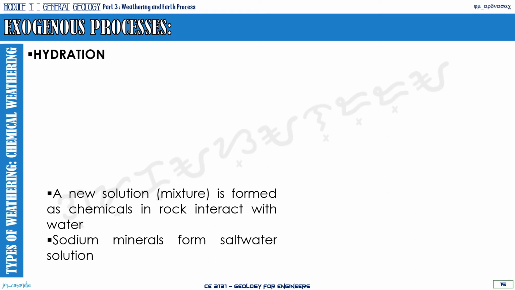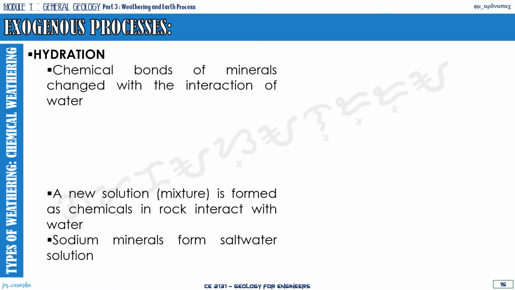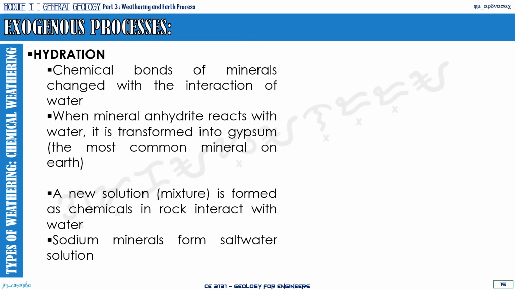chemical weathering is hydration. For hydration, this is a process wherein chemical bonds of minerals would change with the interaction of water. Okay? So, when mineral anhydrite reacts with water, it is transformed into gypsum, which is the most common mineral on Earth.